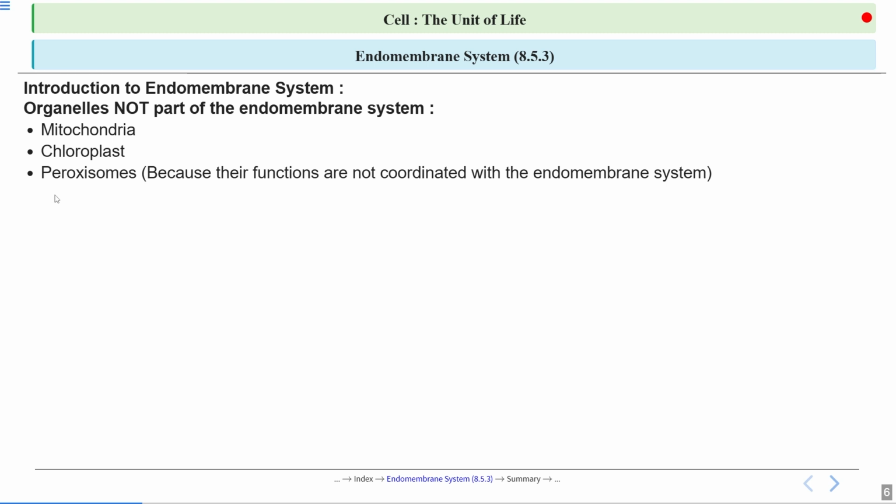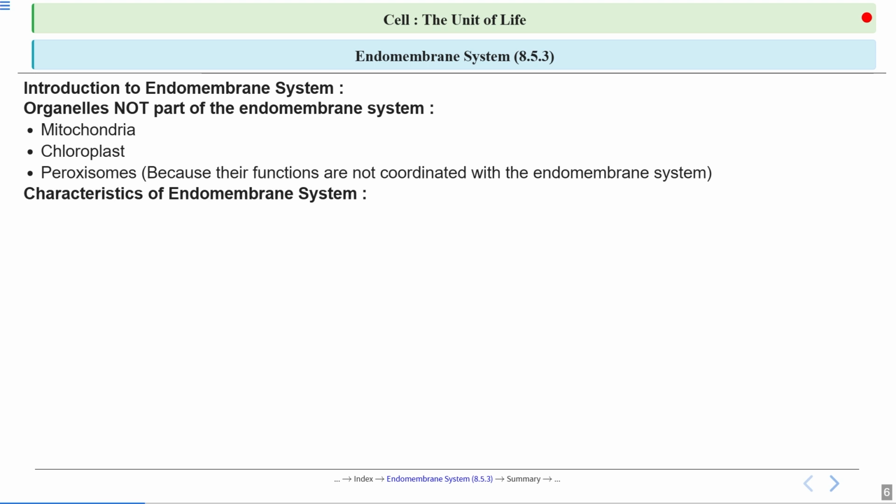Then peroxisomes are also not part of the endomembrane system because their functions are not coordinated with the endomembrane system. So these three organelles are not part of the endomembrane system because the functions they perform are not coordinated with it. They perform some other functions.